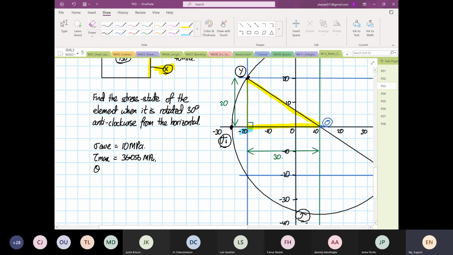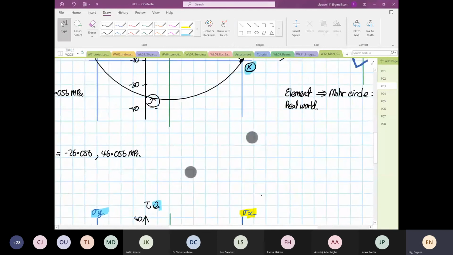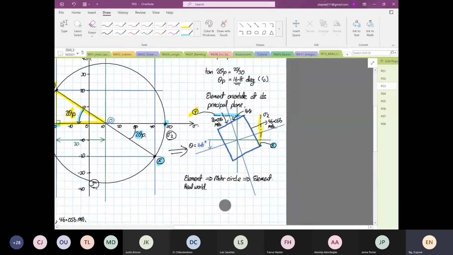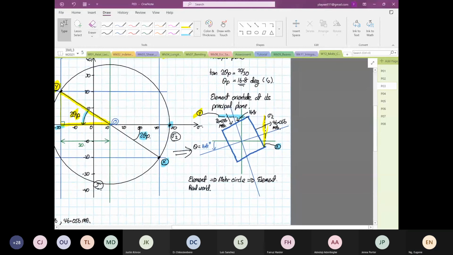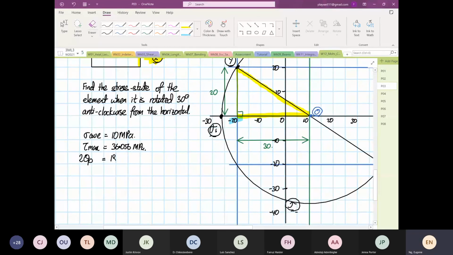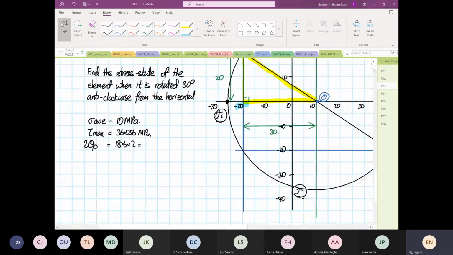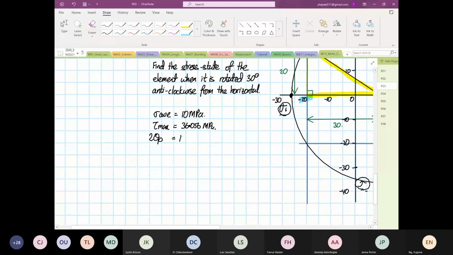Then the principal plane, 2 theta p, equals 16.8 times 2, which is 33.6 degrees.